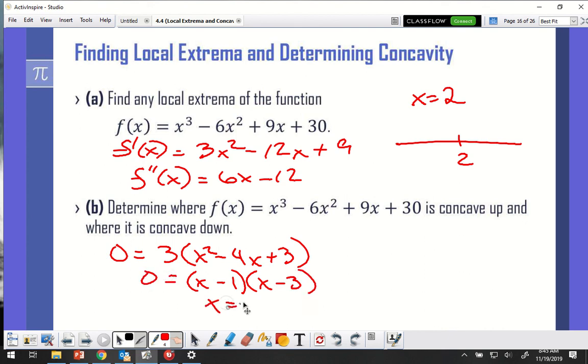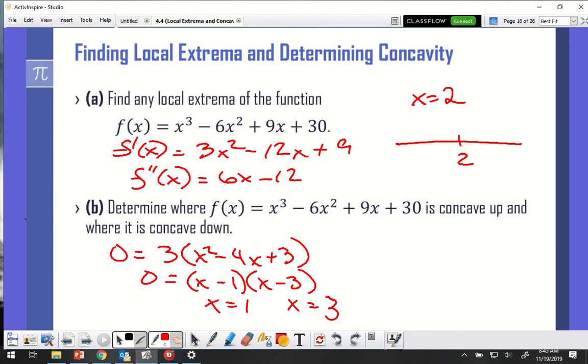So x equals 1 and x equals 3. All right, so I have the first derivative critical points, and I have the concavity, which is going to change my point of inflection. So at 2.